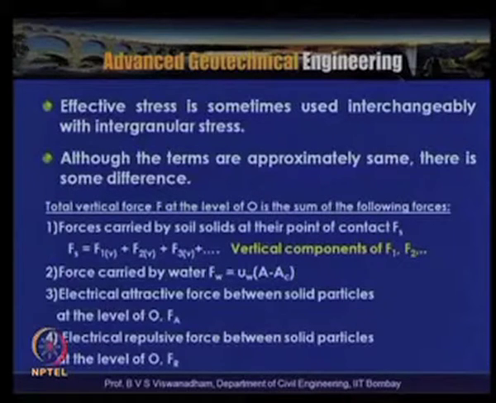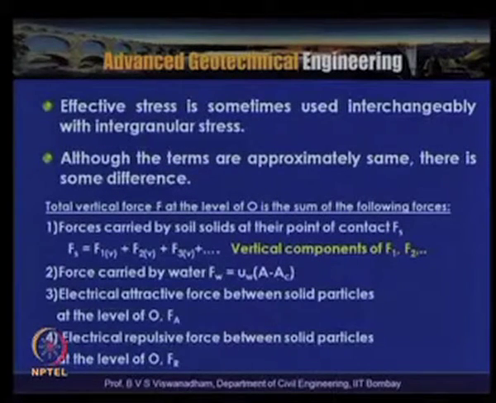Although the terms are approximately the same, there is some minor difference. Total vertical stress F at the level of O, the point O we have seen in the previous slide, is the sum of the following forces. One is the force carried by the soil solids at their points of contact, that is Fs.